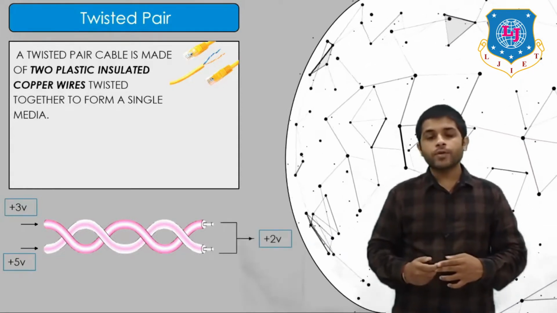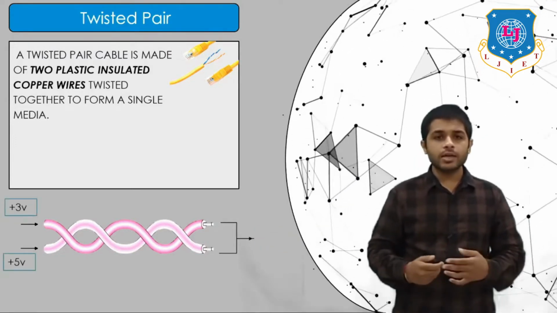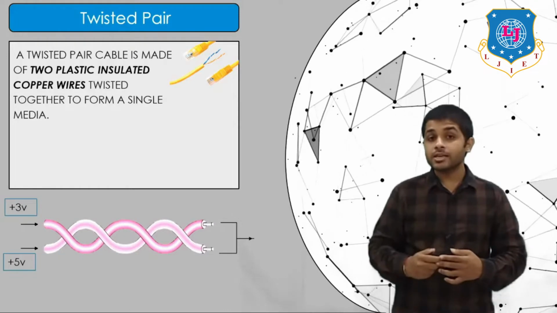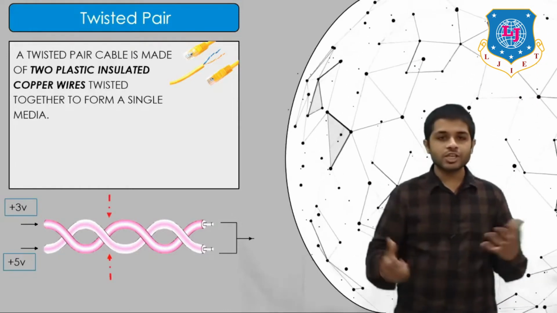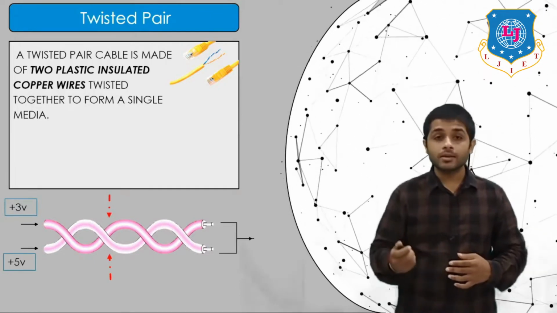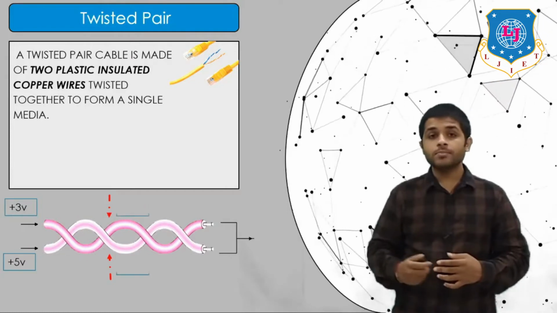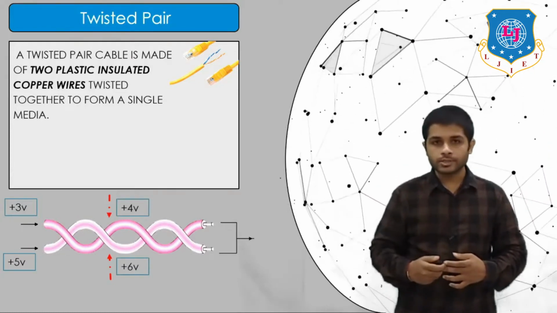Now suppose the first cable is carrying 3 volt and 5 volt again, but in this case noise is added. Due to some environmental changes, the noise is added and the voltage values become 4 volt and 6 volt. So 1 volt is added due to noise.